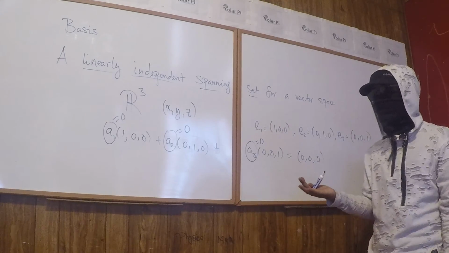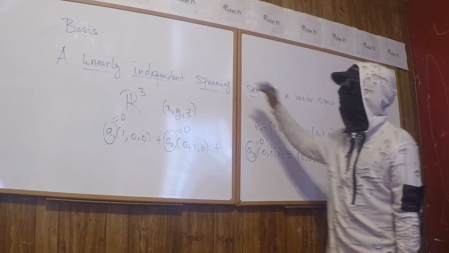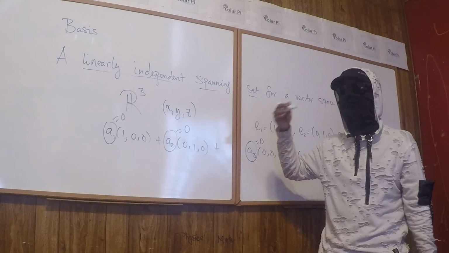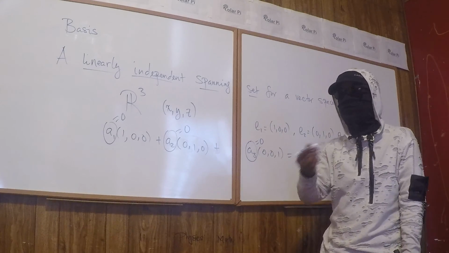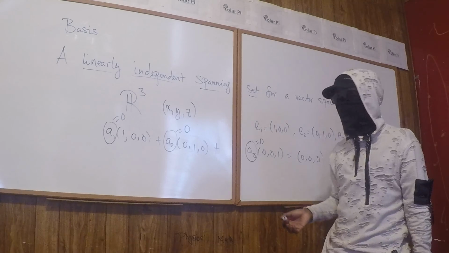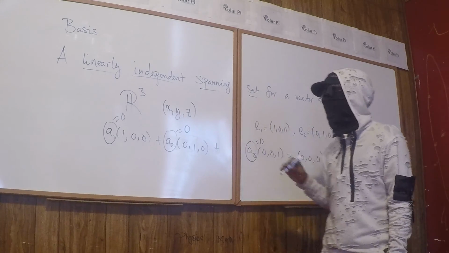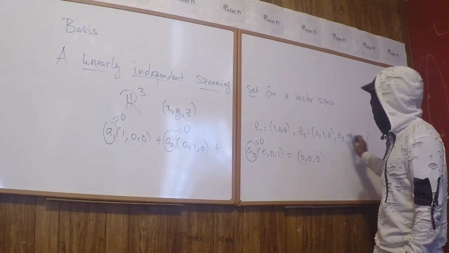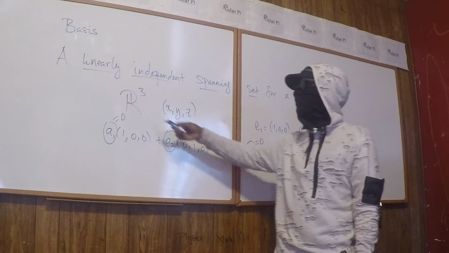So that's linear independence. Then what is spanning? The easier word for spanning is generating. We're saying that these three generate every vector in R3.